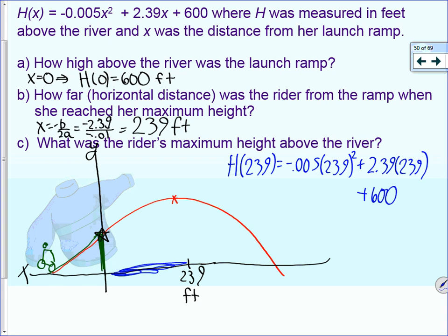Whoa, 885.6. So that's pretty dangerous. And some questions we can ask is, if the river is this wide, did she clear the river?